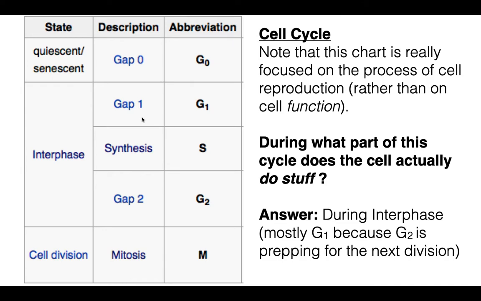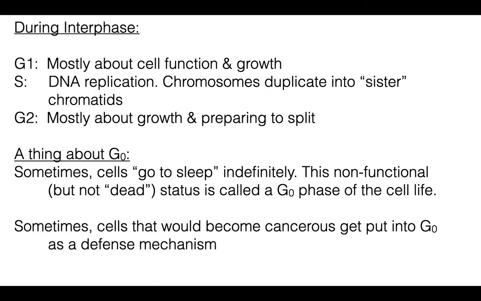Heart cells pump blood, liver cells filter blood, all of that happens during the gap 1 phase. So gap 1 is mostly about cell function and about cell growth. The synthesis phase is where DNA replication happens. And gap 2 is mostly a growth phase preparing to split into new daughter cells.